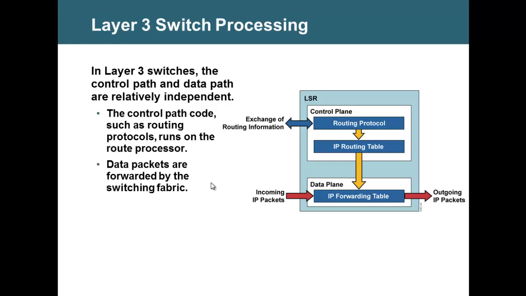CEF, Cisco Express Forwarding. So it makes the forwarding express, faster. It need not go every time to the control plane. The control plane has given the instruction: if this source comes and it wants to go to this destination, go via this interface.